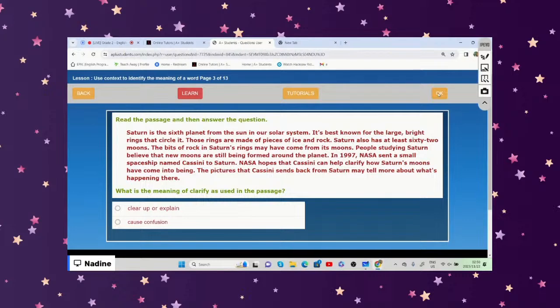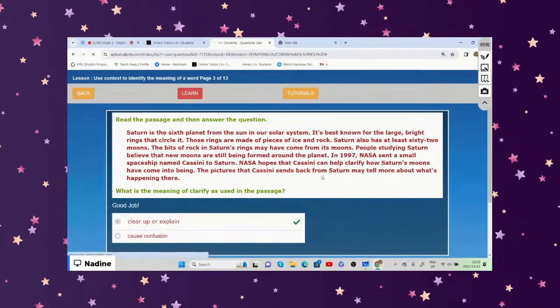So, if we try to find a word that is similar to clarify, then we will say it is to clear up or to explain. So well done, guys.